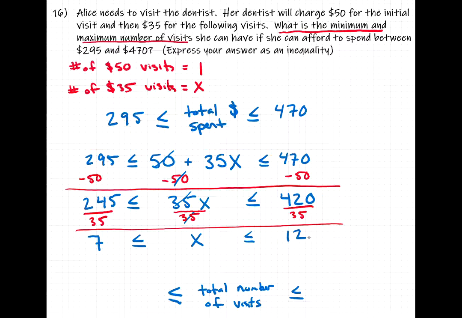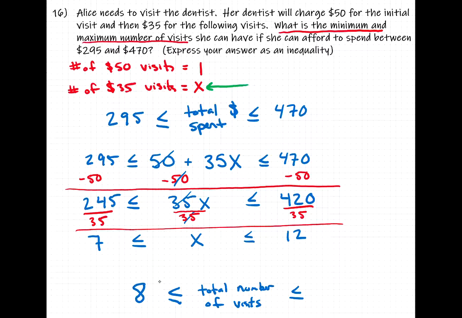Now we have to be careful. We can't stop here and say the answer is between 7 and 12 visits, because remember, X is not total visits. There's also that first initial visit. So X is between 7 and 12, and that's just the number of $35 visits. So if Alice pays $35 7 times, that means she has had 8 visits.